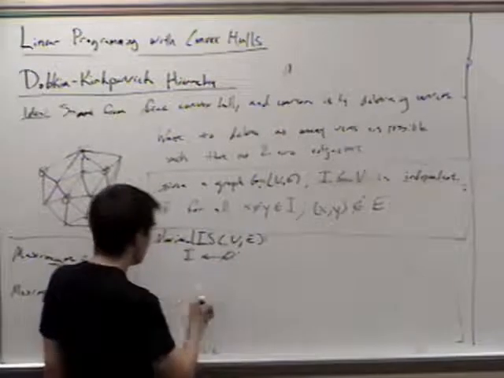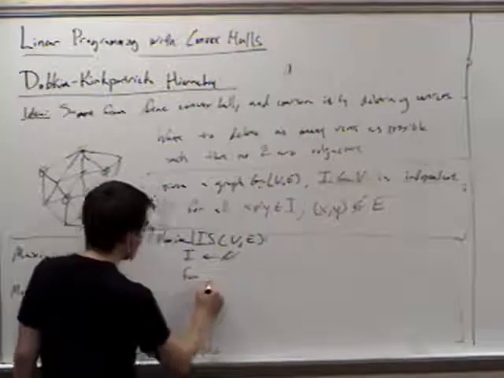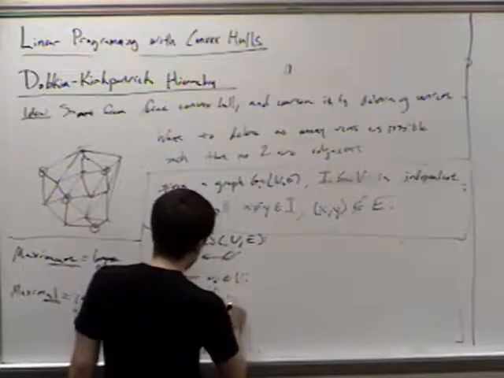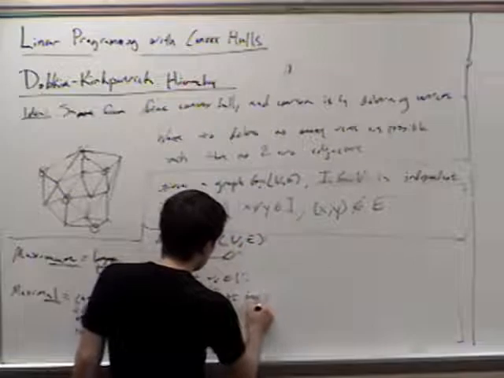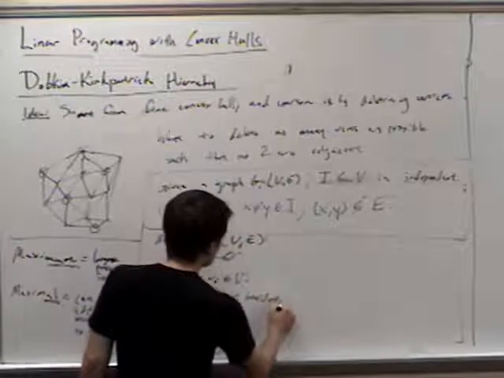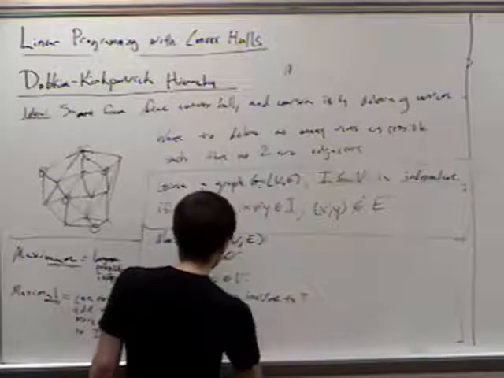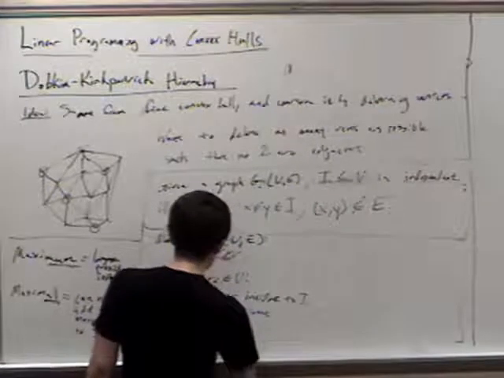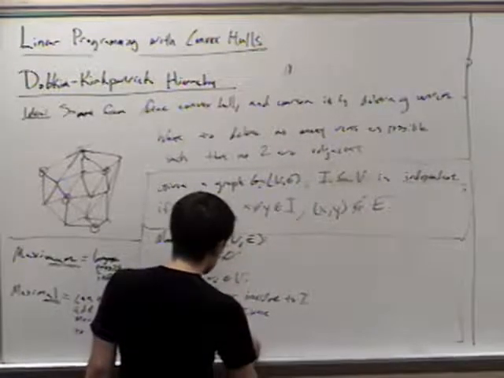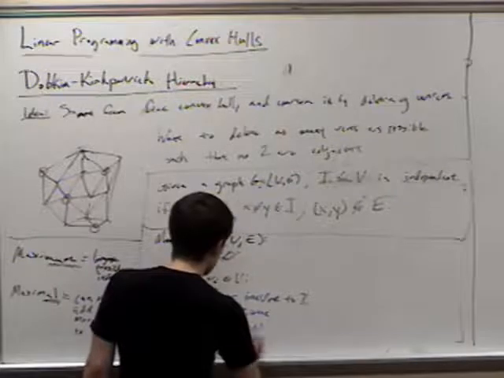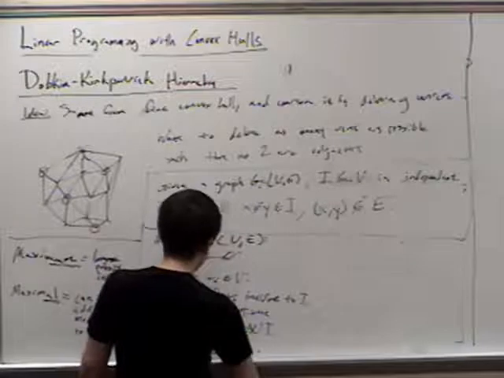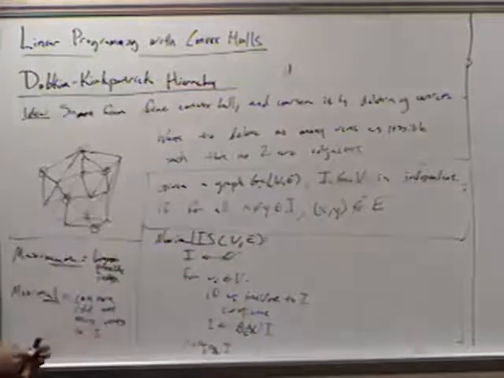We initialize I to the empty set, march over the vertices, say for Vi in V. We say if Vi is incident to I, skip it. Otherwise, just stick it in the independent set. So we basically add Vi to I. All done, return I. Trivial, right? No big deal.